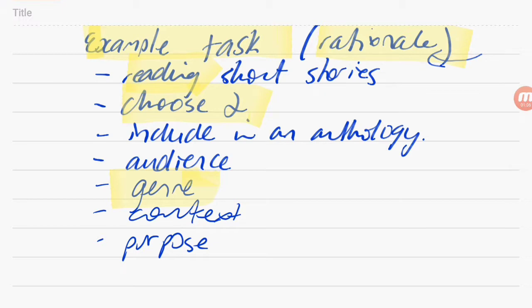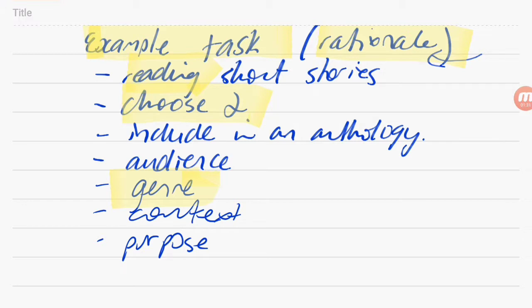They will then decide how and why those two stories should be included in an anthology. What's, again, our 4 critical components: audience, genre, context, and purpose are all interconnected. But these why, students need to go through this process themselves.